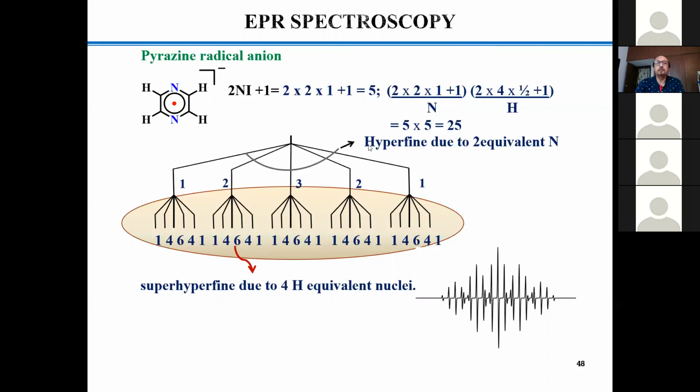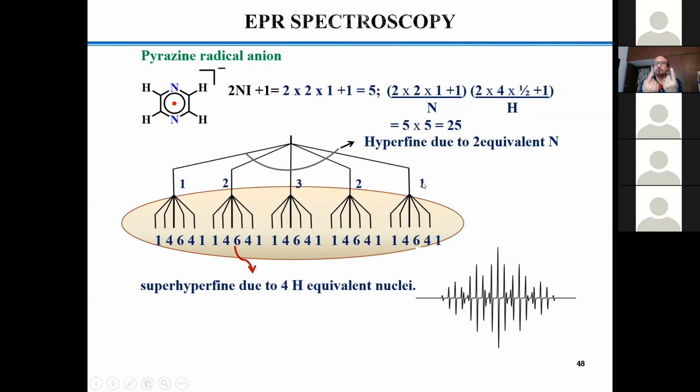So here we can even understand the intensity ratio. For example, you see these two nitrogens, that means two centers with I equal to 1, N14, and they would be giving 5 lines. The ratio, from the chart I have shown, a partial chart, and you will get the full chart in the literature, is 1, 2, 3, 2, 1.